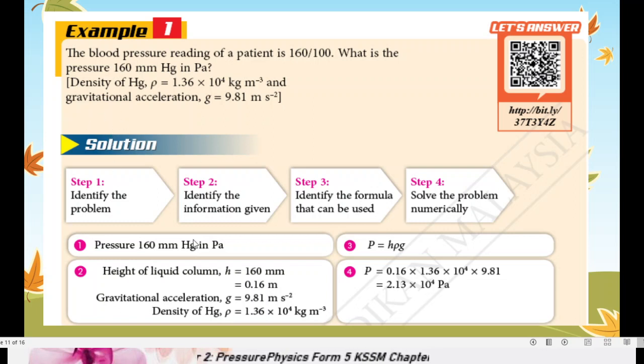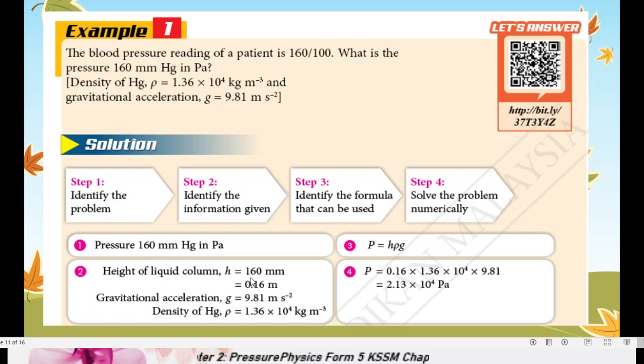First, the formula that we are going to use is P equals H rho g. So you can list down all the information given. For example, what is H? In this question, H equals 160 millimeter based on the value of pressure here.